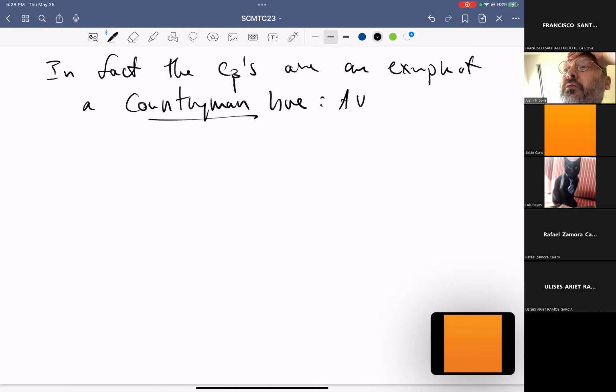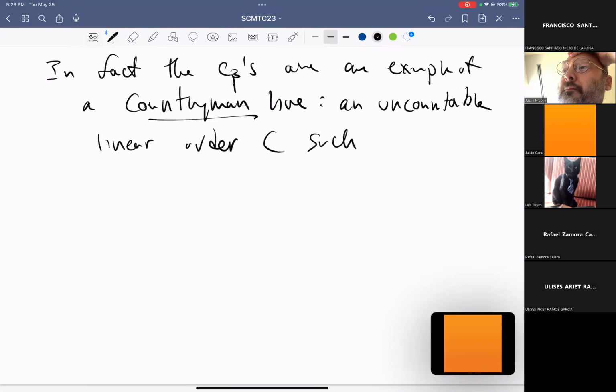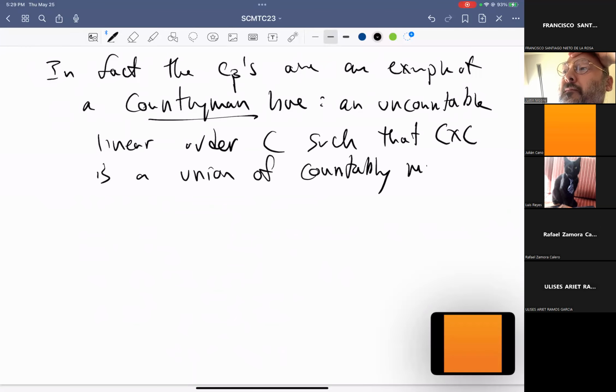An uncountable linear order C such that C cross C is a union of countably many totally ordered subsets.